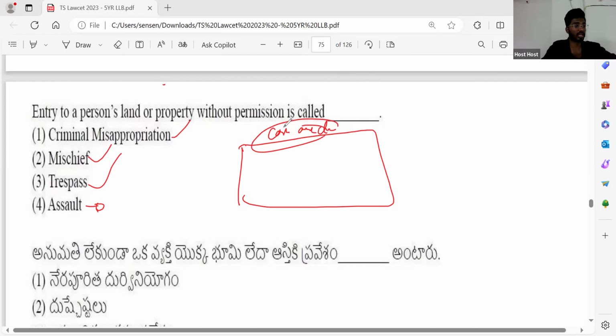I'm just washing the cars. Now what the owner did, he placed his car over here. Now the car is in my possession, which means in my property, because I am the owner of this particular thing. So what I did is that I took away this car and I went to Delhi without the permission of this fellow. Then what will that become? That becomes criminal misappropriation. You are appropriating his property without his consent, right? So that's it.